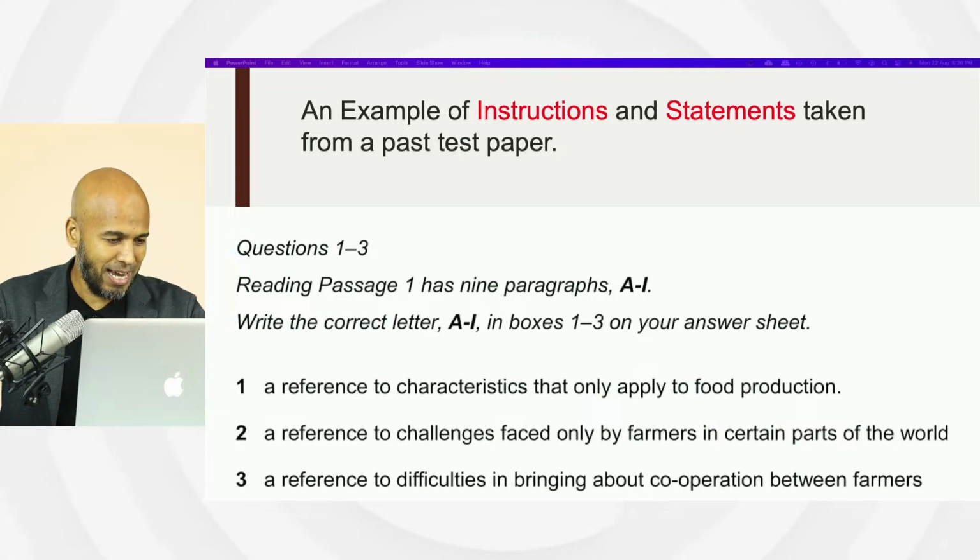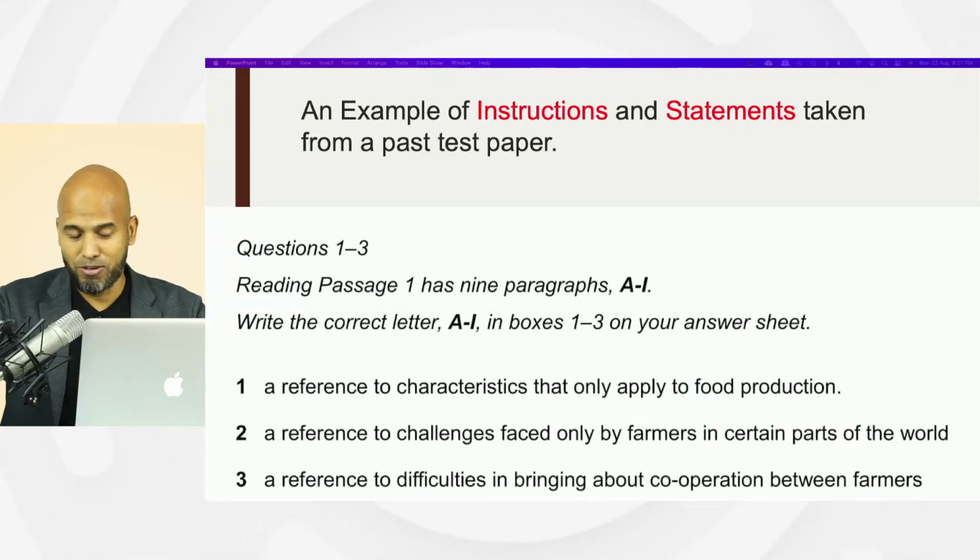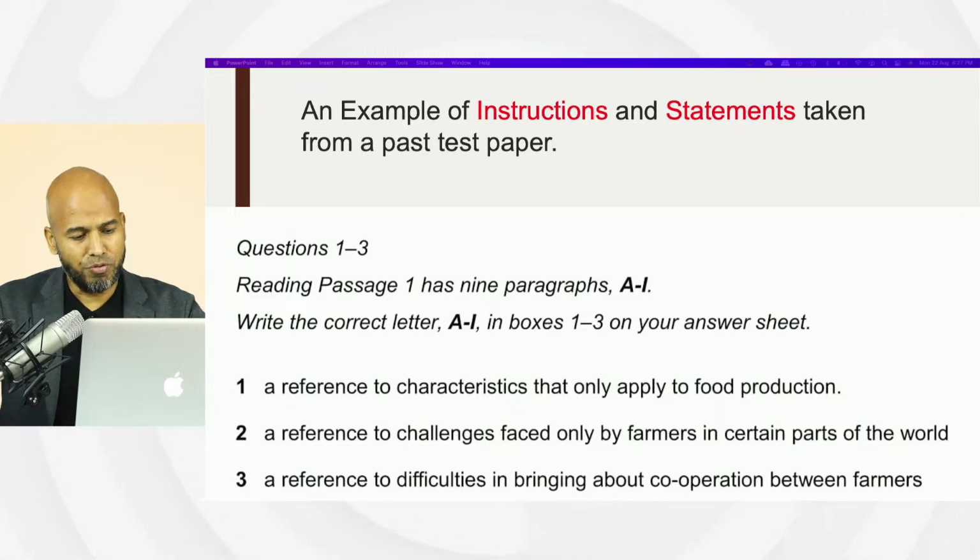It says questions 1, 2, 3, so there are 3 questions. Reading passage 1 has 9 paragraphs, A to I. Write the correct letter A to I in boxes 1 to 3 on your answer sheet.